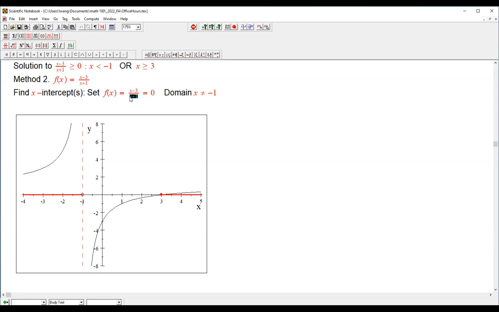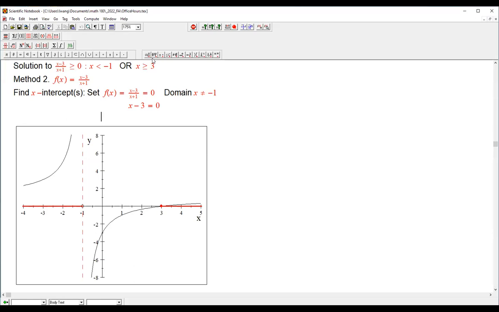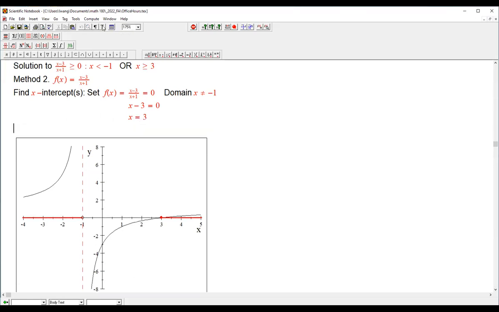So that's a guarantee. For the output to be equal to 0, the only way for that to happen is x minus 3 has to be 0. And of course, we get x equals 3. So the x-intercept, we only have 1, would just be 3, 0, which is here.